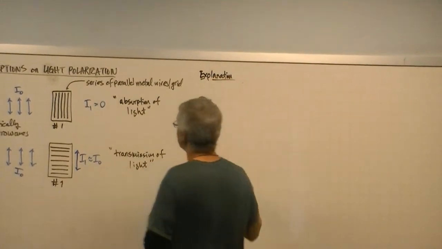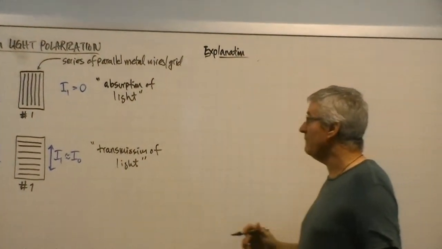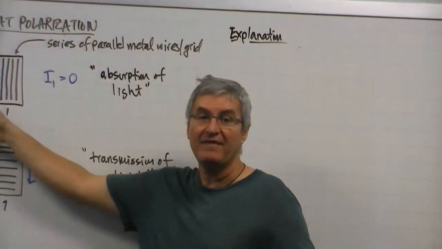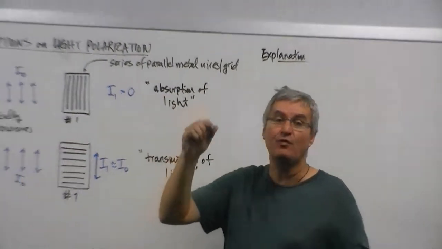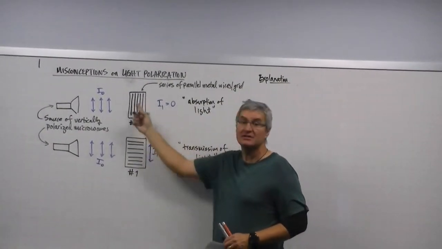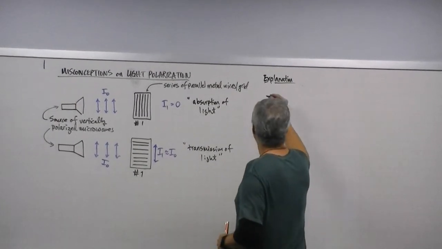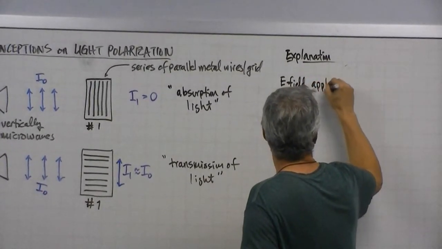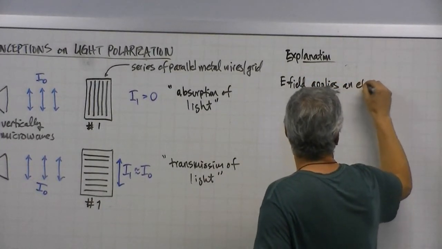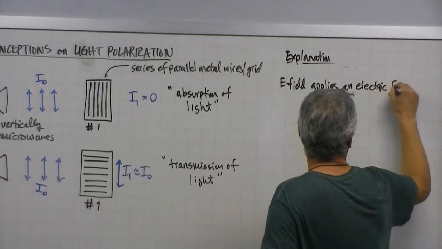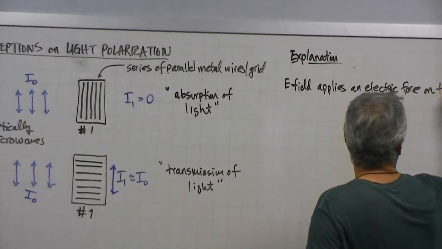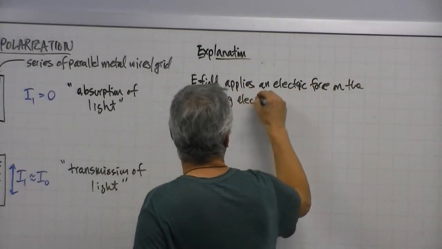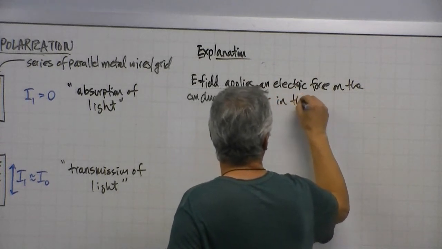Remember that this vertical field is an electric field, and the E field applies an electric force on the conducting electrons in the grids.